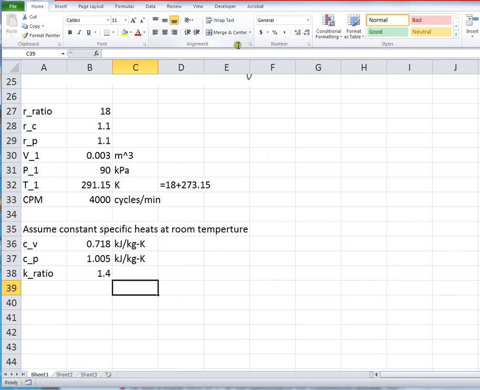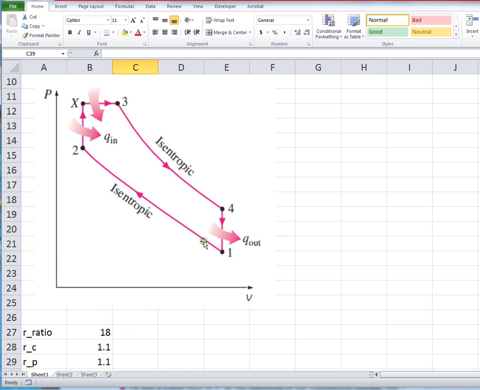Okay, so what do we need to do? We're going to need to know the temperatures at all of these points. And the idea will be to go from state to state to find them, if we can. In some cases, not this problem, we may not know a state at all.